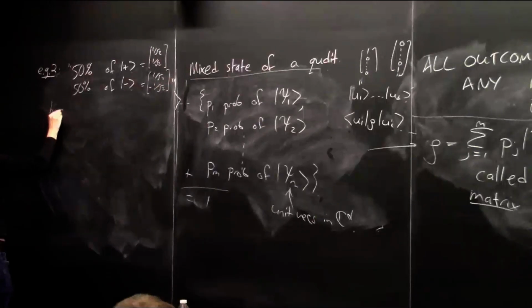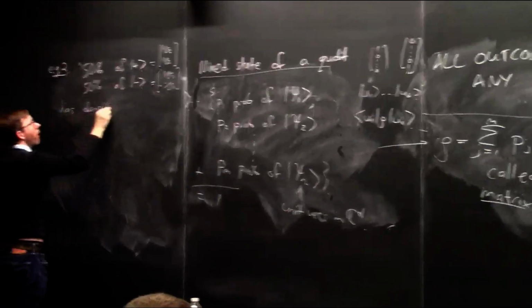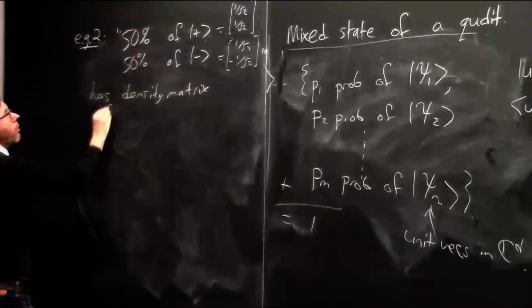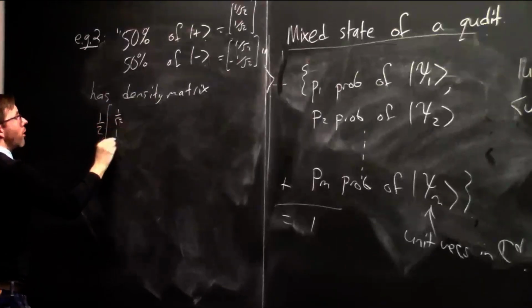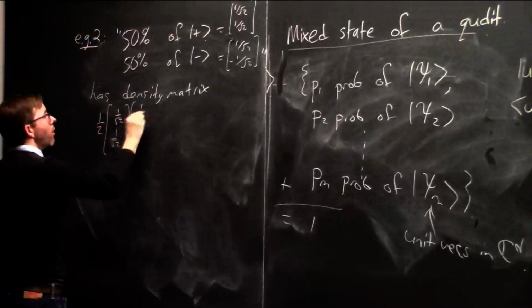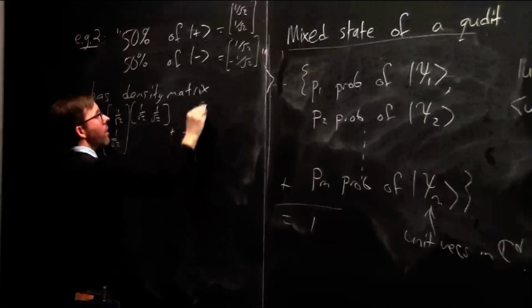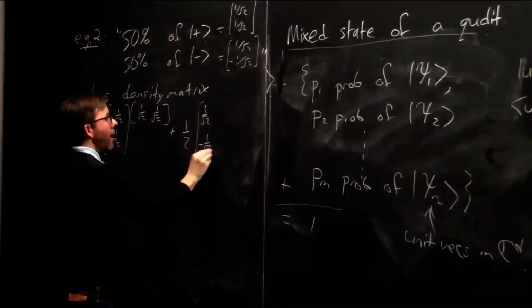OK, so let's compute its density matrix. Well, we got a half, 1 over root 2, 1 over root 2 times the row version, plus a half times a similar thing with a minus.